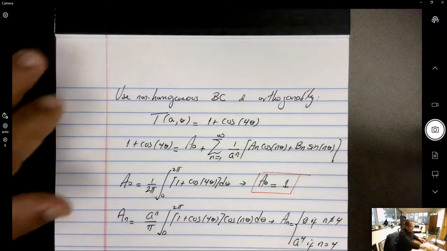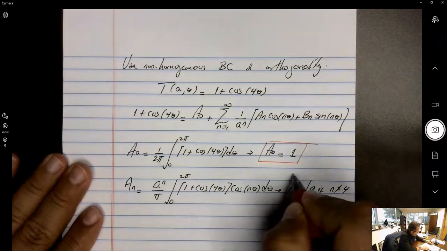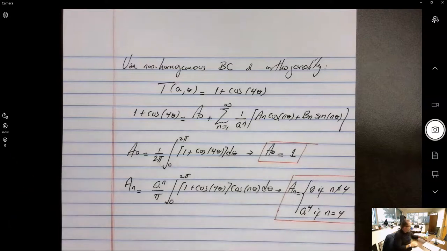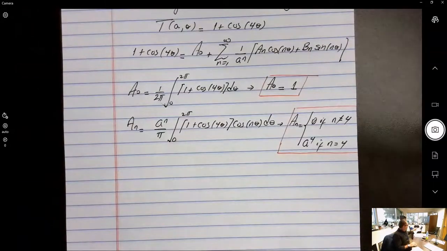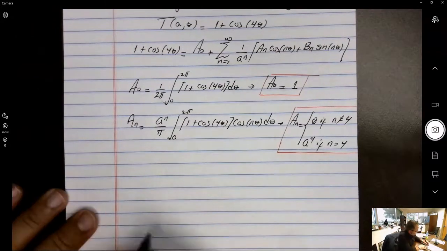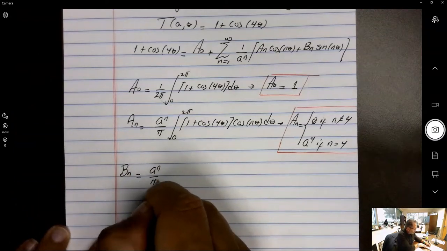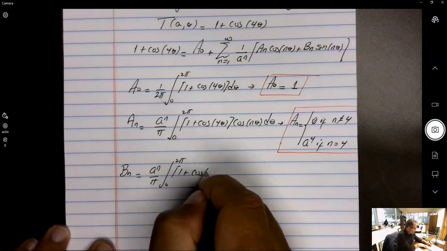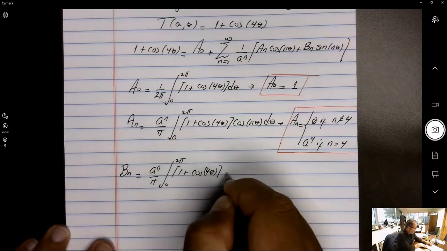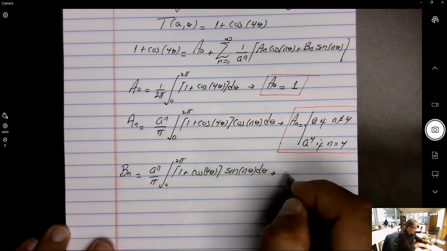That's it. That's an. And that's because the boundary condition is given in terms of a cosine, so it's an eigenfunction on itself. And then finally, bn would be 1 over pi times the integral of the boundary condition times the eigenfunction.